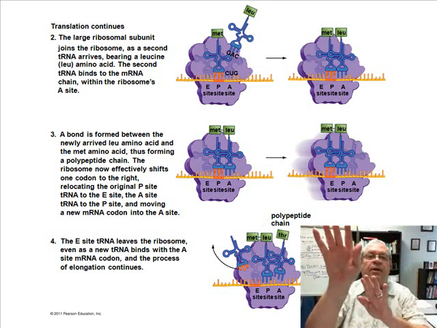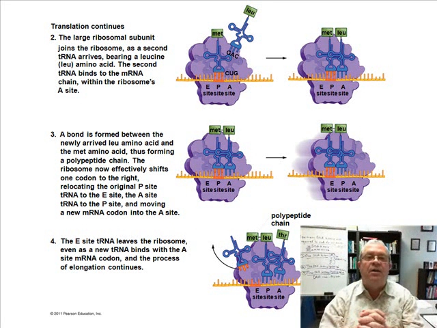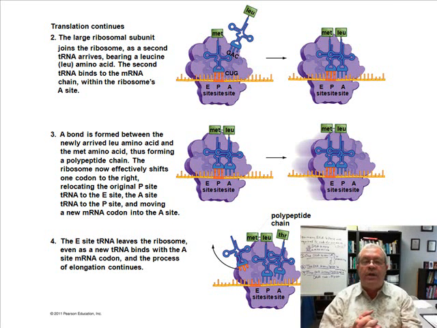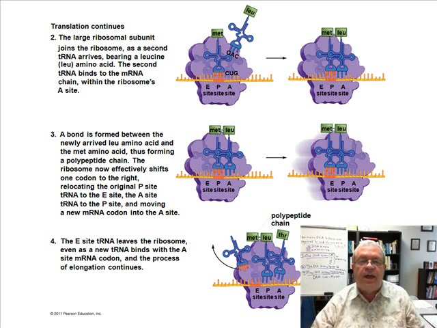Every time a tRNA molecule comes and goes, it leaves behind a what? An amino acid. So the amino acid chain gets longer and longer and longer until the ribosome does what? Reaches the end of the message on the messenger RNA molecule. So that, in a nutshell, is how translation works. All right, that's it for now.